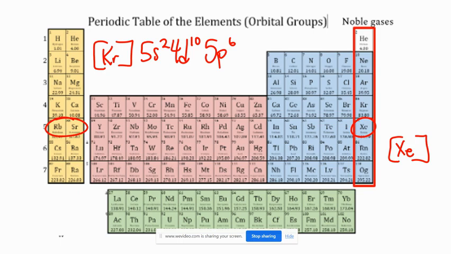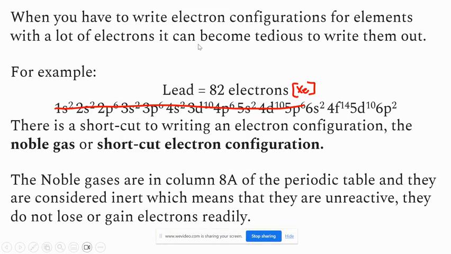One thing though that I just saw in there, it's a good reminder to you guys. If they ask for an electron configuration, you can always give them the noble gas configuration unless they say complete. If they want the complete or unabbreviated form, then you have to give them this one right here.